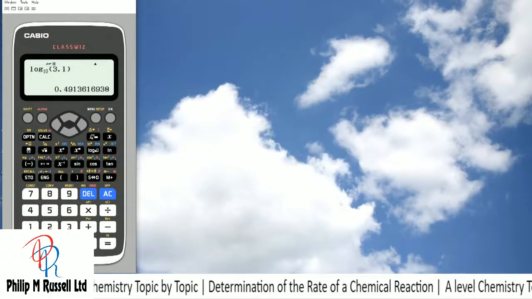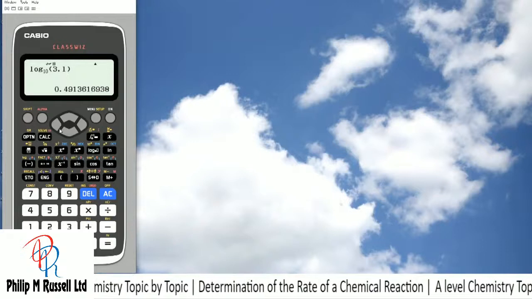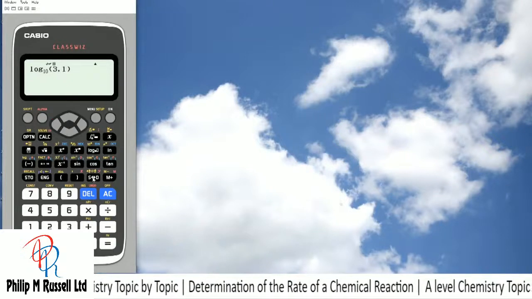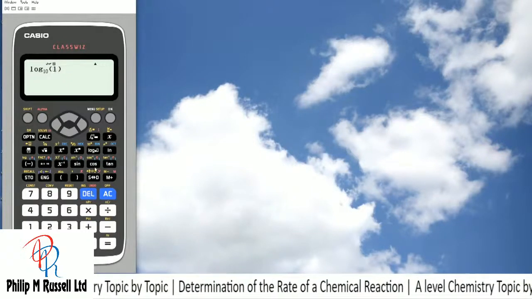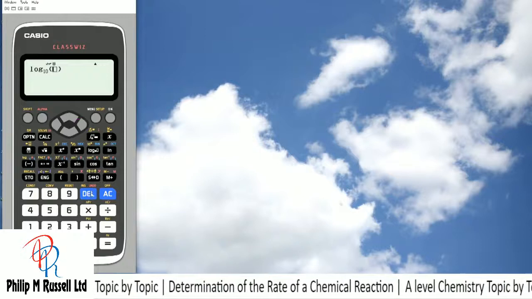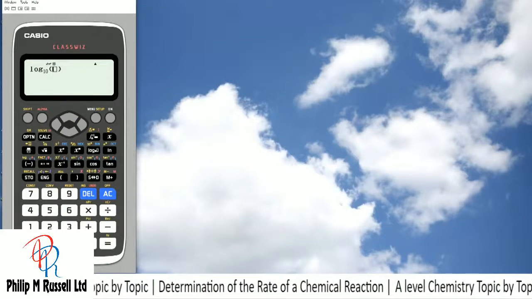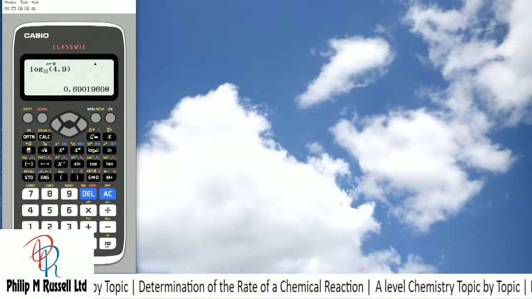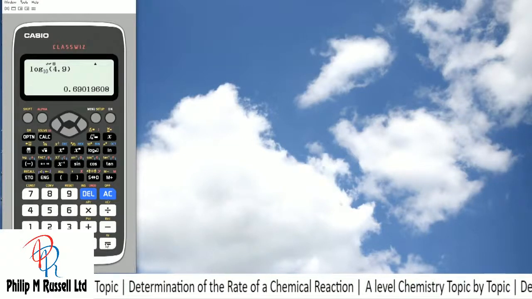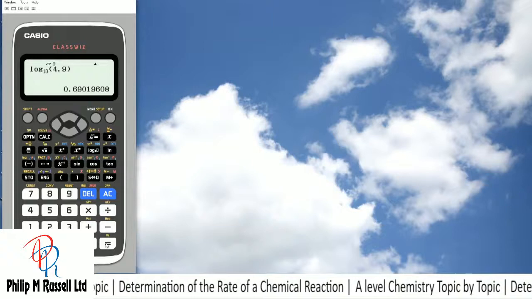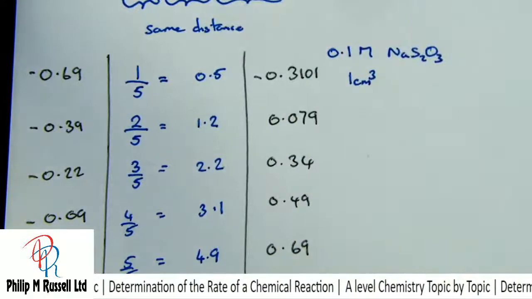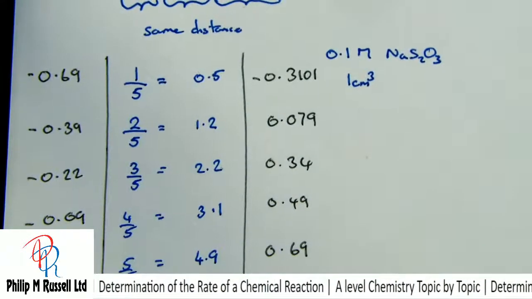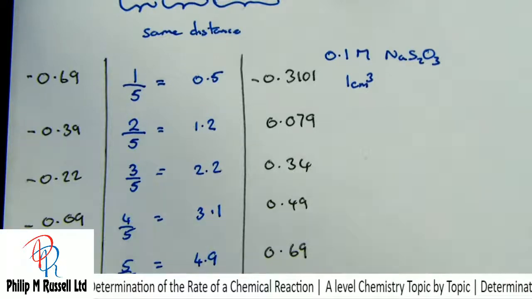And finally, I've got 4.9. So that's given me a different set of values that we can plot.